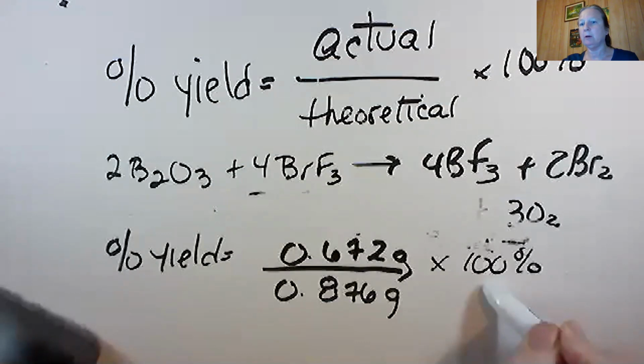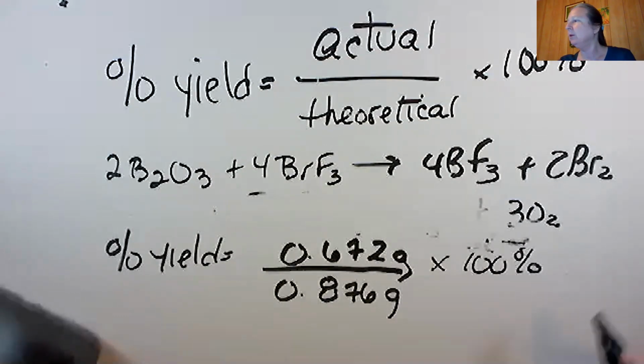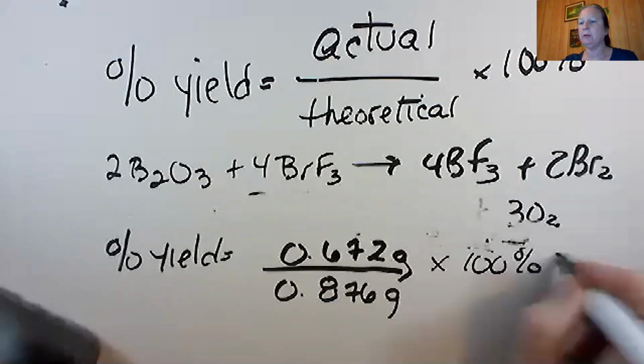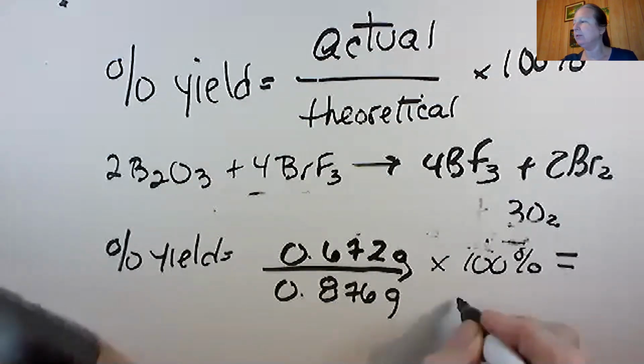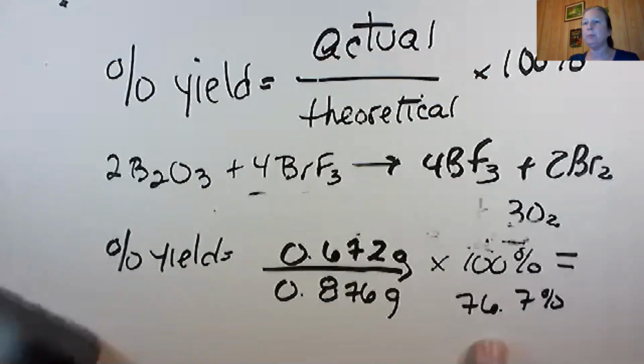It's a mathematical construct. 3 sig figs and 3 sig figs. So if I do the math, it's 76.7%. And yes, your percentage should follow the sig fig rule. So this is 3 sig figs, that's 3. So my percentage is 3 sig figs. I'm not going to say 77%, it's 76.7.